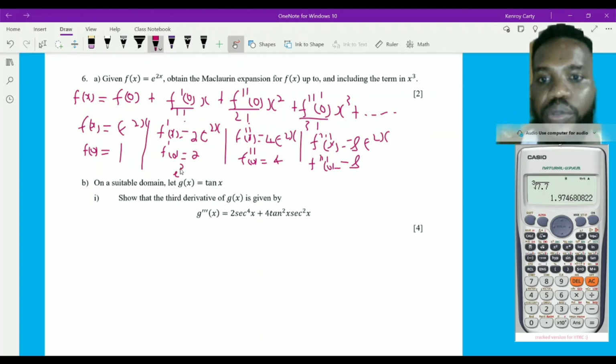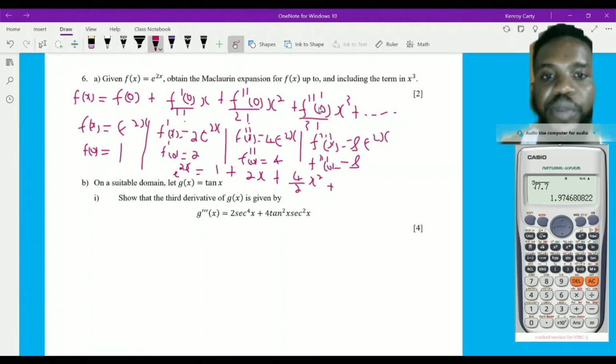So e to the 2x is simply going to be equal to, I have f of 0, which is 1, so I'm going to have 1 plus f prime of 0, that's 2, so 2x, plus f double prime of 0 is 4. So I'm going to have 4 over 2 factorial, which is 2, x squared.